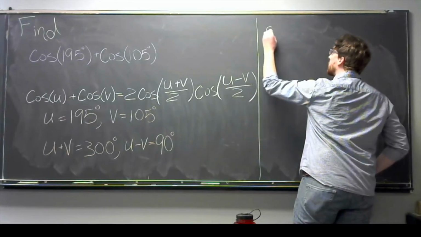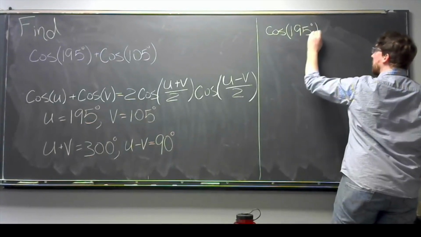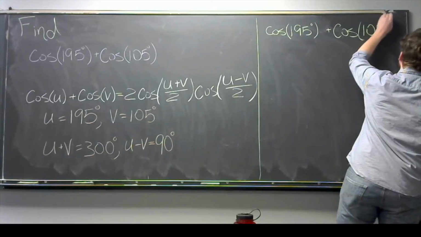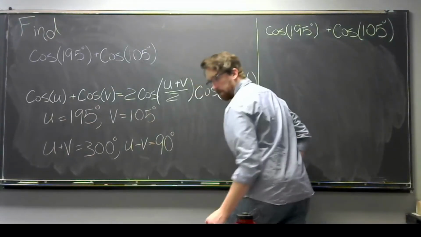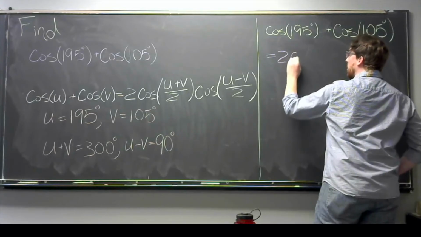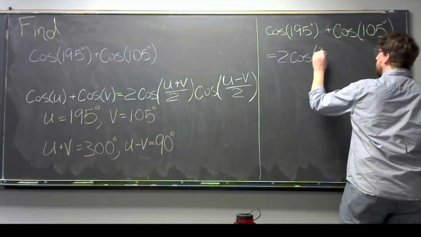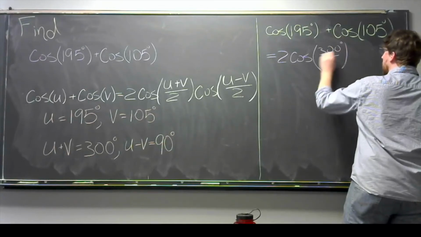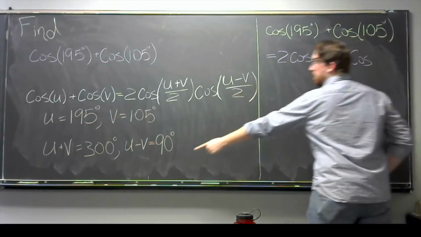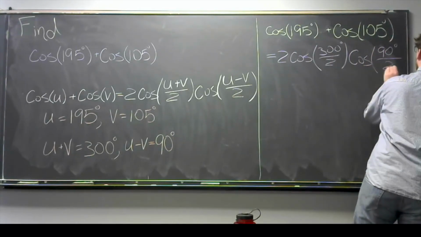What we've got is the cosine of 195 degrees plus the cosine of 105 degrees is equal to 2 times the cosine of, well, we just said that u plus v is 300 degrees, over 2 times the cosine of u minus v, which we just said was 90 degrees, over 2.